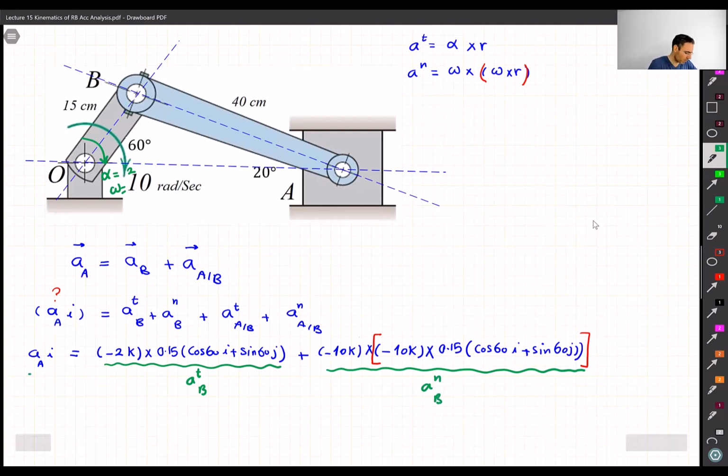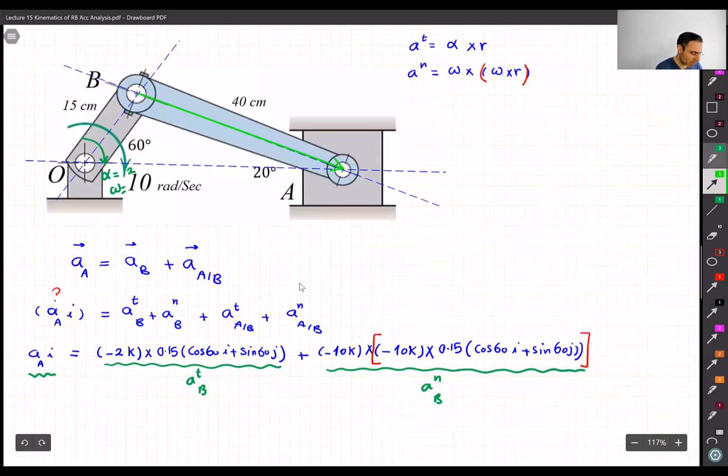And of course, this one is AA. So we need 2 more components, and let's work around them. So I need AT, A with respect to B, and AN, A with respect to B. The same. We use the same formula, except our R is the vector A with respect to B, this vector.